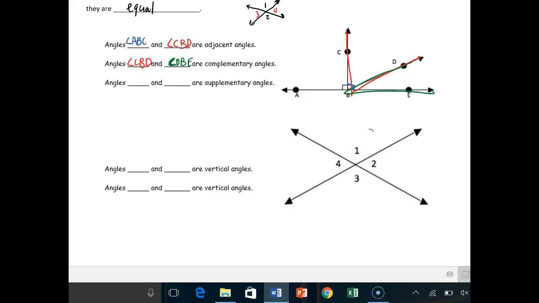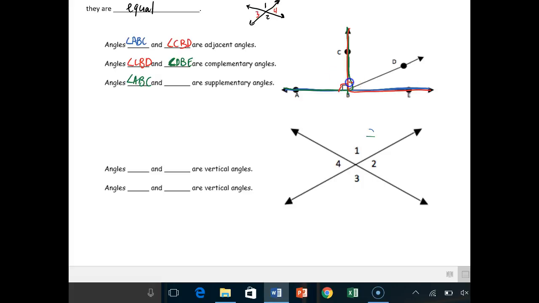Right? And lastly, angles blank and blank are supplementary angles. If we had a straight line, so something like this, right? Here's our straight line. We need two angles that will add up to 180 degrees. Now I could do this a couple different ways. I could say, okay, angle ABC, right? Well, that's 90 degrees. So then I would need another 90 degree angle, so something like CBE, right?